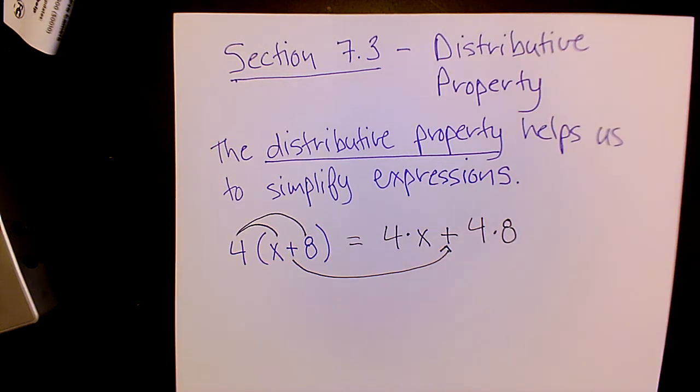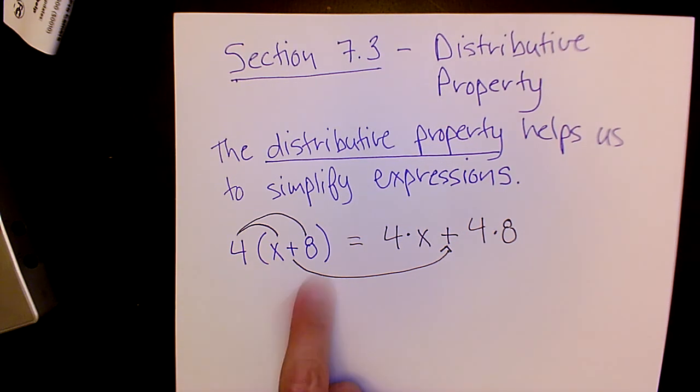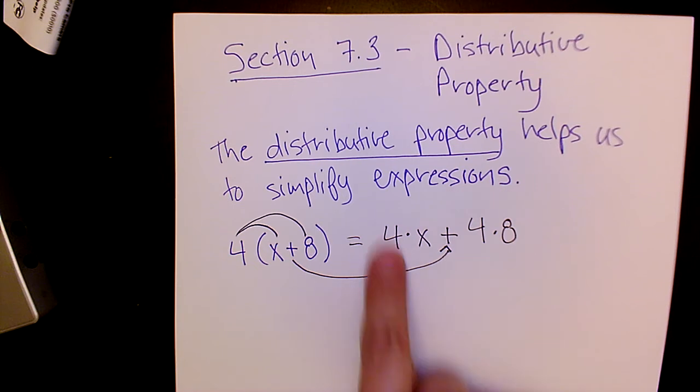The distributive property allows me to do this. And it's easy. You just multiply whatever is on the outside times everything on the inside. And then we're going to simplify this.